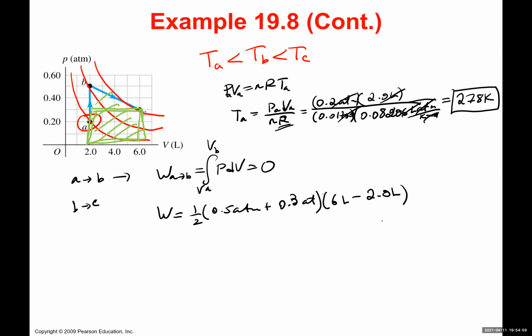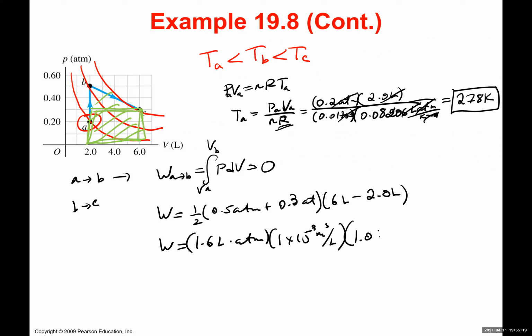Okay, so that's basically calculating the work done. And here it equals 1.6 liters times atm. Times 1 times 10 to the negative 3 cubic meters per liter.